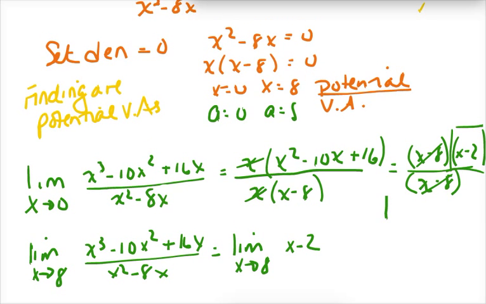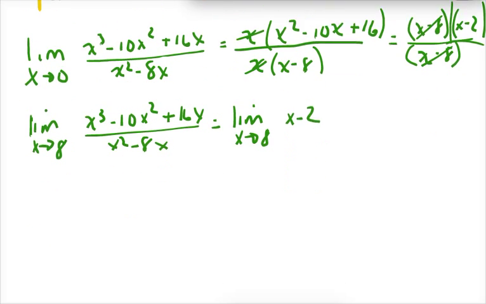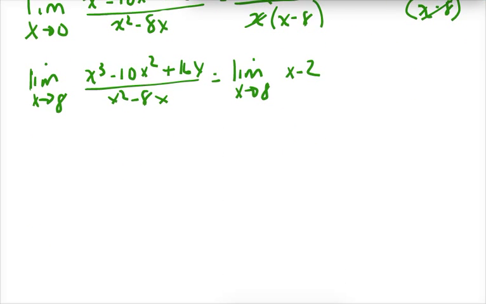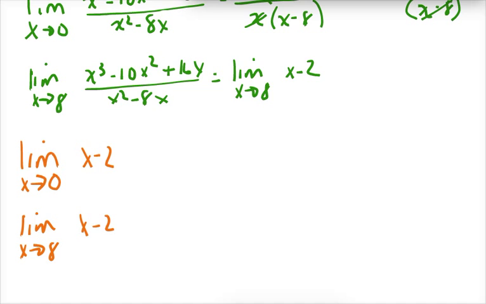So we have two limits that we've got to evaluate. We need to look at the limit as x approaches 0 and the limit as x approaches 8 of x minus 2, because that's what the function reduces down to. And you hopefully quickly see that this limit is negative 2 and this limit is 6.